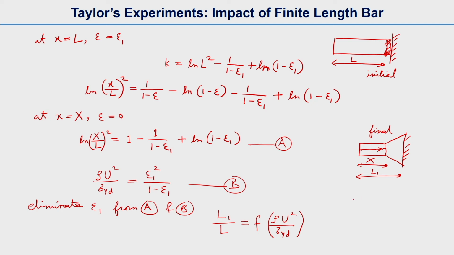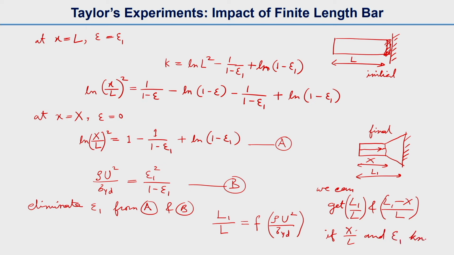So, we can get both L1 by L and L1 minus x divided by L. These can be obtained if x by L and epsilon 1 are known.